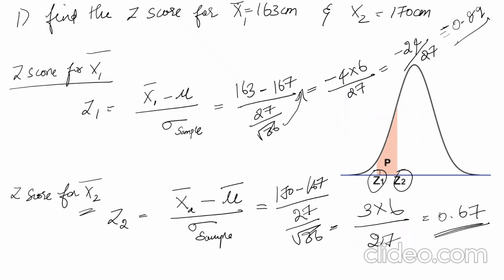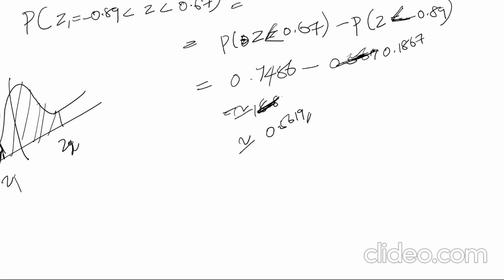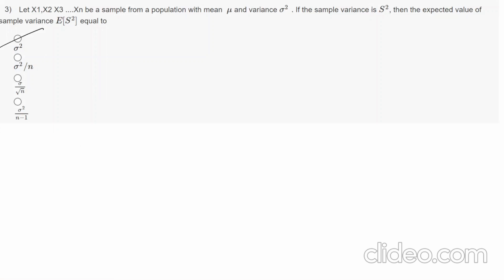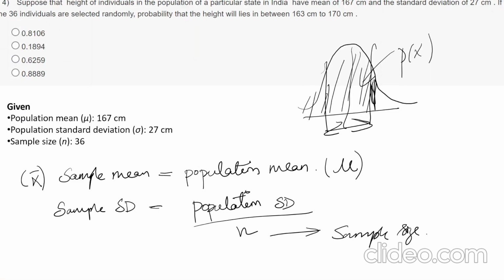We have found the z-score value for x1 bar, which is 163, and then we have found the z-score value for the x2 bar, which is 170, and we have found the probabilities of the respective z-scores and subtracted them. Was the sign wrong or what?